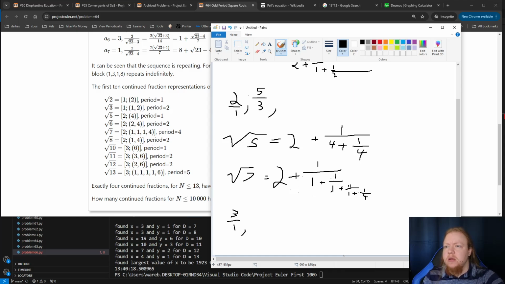And then we continue. 1 plus 1 over 1 is 2. 2 plus 1 over 2. 2 plus 1 over 2 is 5 over 2. And then 1 plus 1 over 1, again, is 2. 1 over 2. 2 plus 1 over 2 is 5 over 2. Flip it over to 2/5. And add 2.